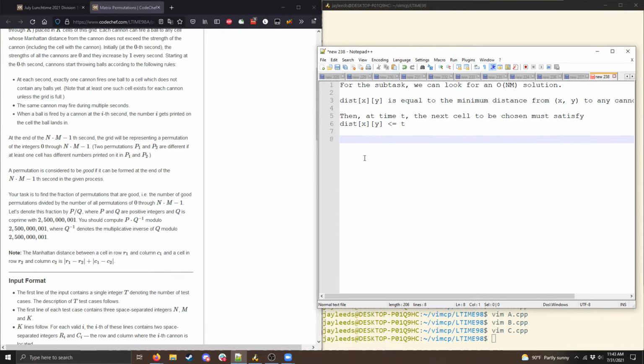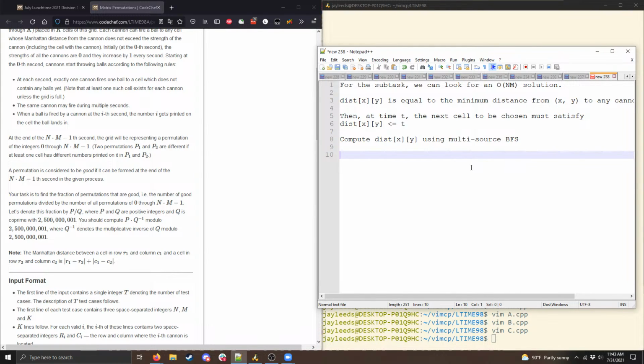So what I'm going to do is compute dist of (x, y) using a multi-source BFS, and then count the number of cells that satisfy dist of (x, y) is less than or equal to t. The one thing we have to worry about is that we don't want to select the same cell twice.